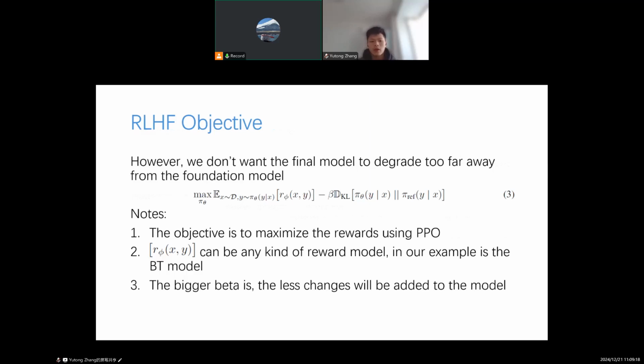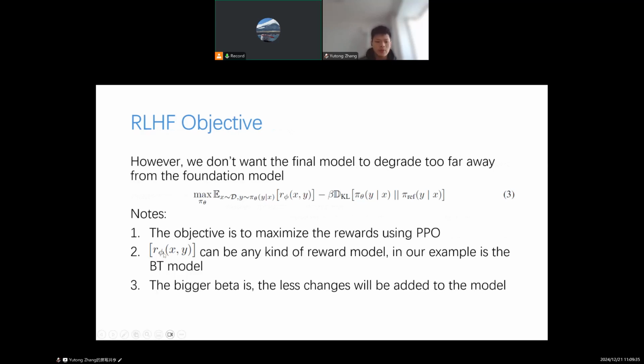So there are three notes here. The objective is to maximize the rewards using PPO, which is an RL-based algorithm to solve this optimization problem.